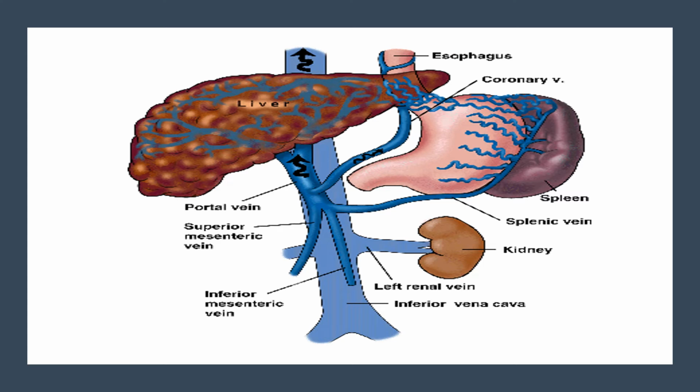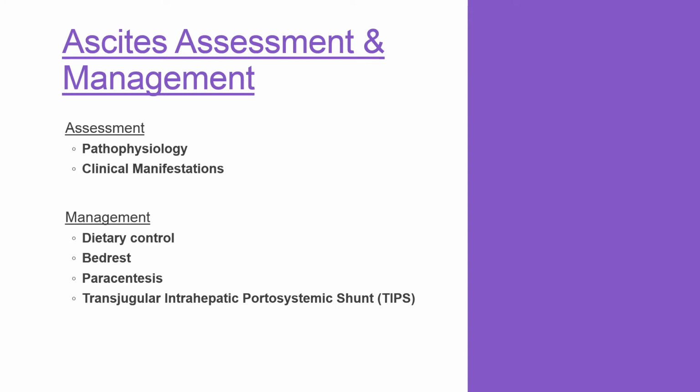So everything becomes swollen, just engorged because of this high pressure. So for ascites, the prevailing theory is that it's essentially an end result of the portal hypertension. And they're not quite sure about the mechanism, but they do have theories that they are researching.